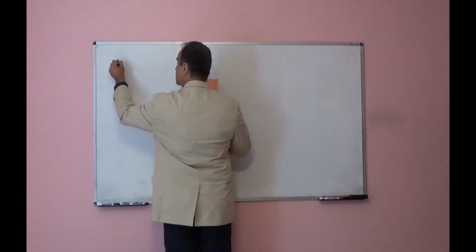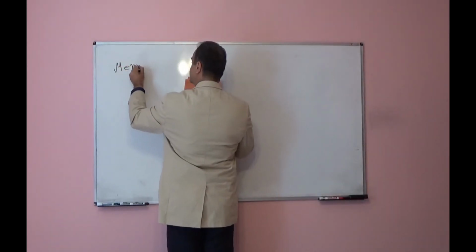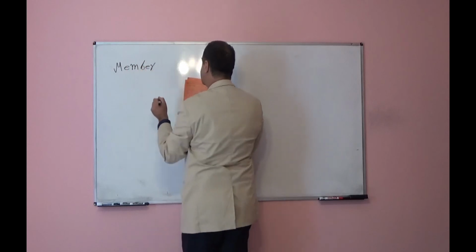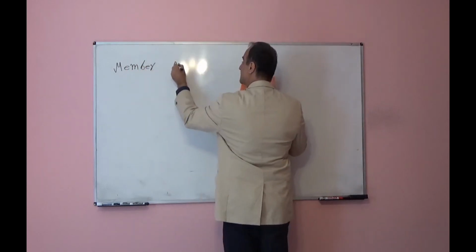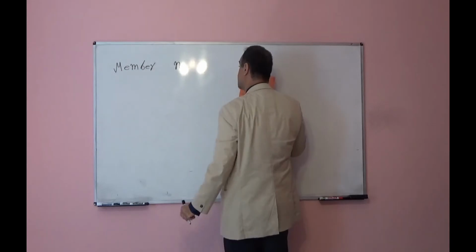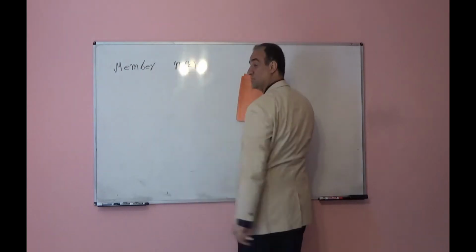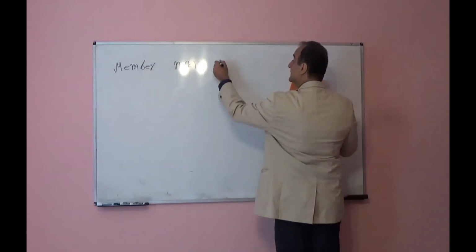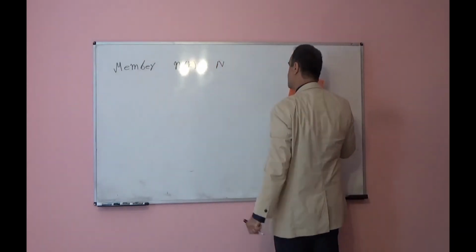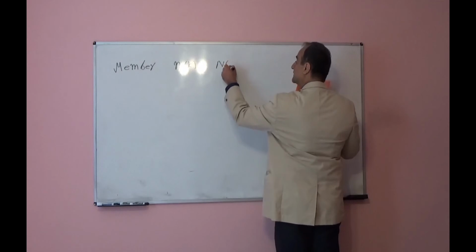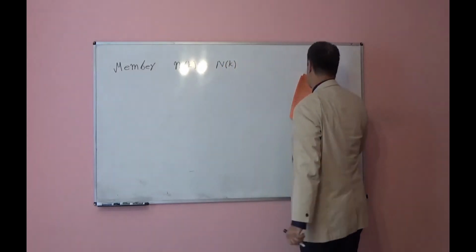First column is the member name. Then the internal force in the truss member under virtual load. The unit is kips. We will show it with lowercase n. Then the axial force in all truss members under real load, again unit kips.